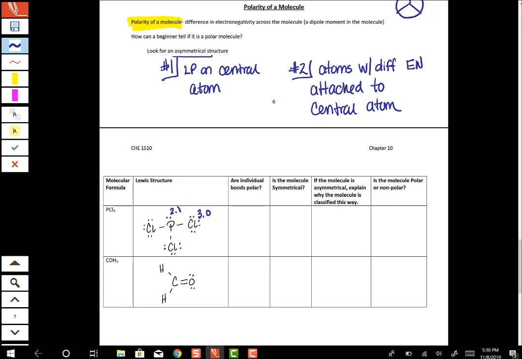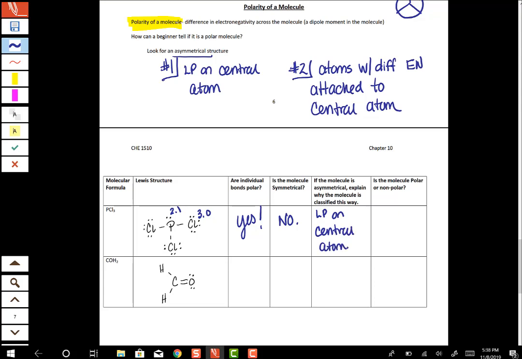But having polar bonds doesn't necessarily make a polar molecule. And so what we're really looking for is, is the molecule symmetrical? And here the answer is no. And if the molecule is asymmetrical, which it is, explain why. Well, it has a lone pair on the central atom.